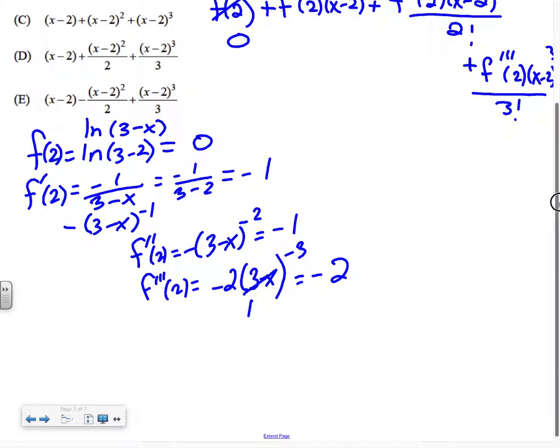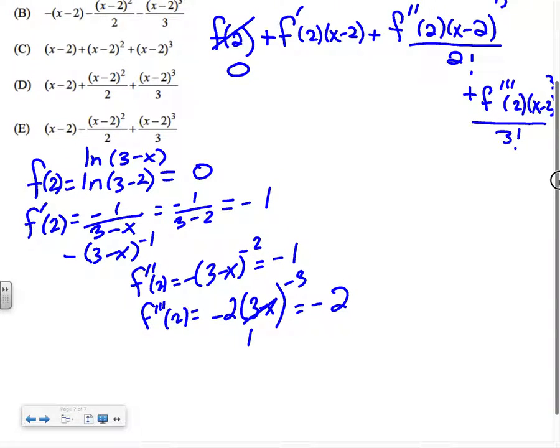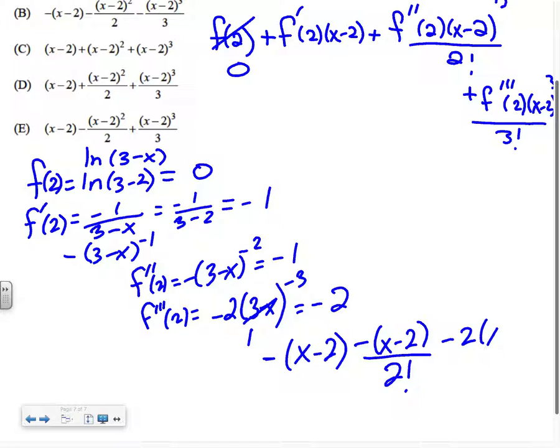F prime of 2 is negative 1, so my polynomial is negative x minus 2. F double prime of 2 is negative 1, over 2 factorial. F triple prime of 2 was negative 2. Oh, this should be squared, right?